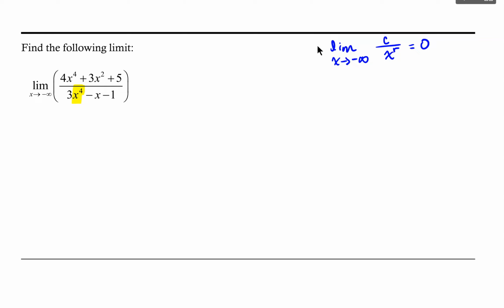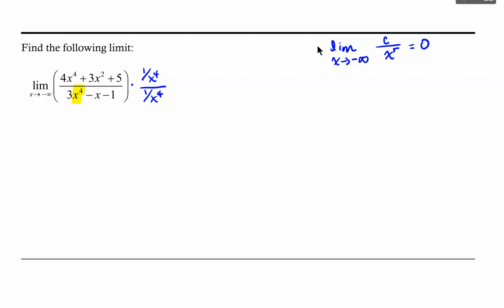I'm going to multiply both the numerator and the denominator by 1 over x to that power. So in this case, multiply both numerator and denominator by 1 over x to the 4th.